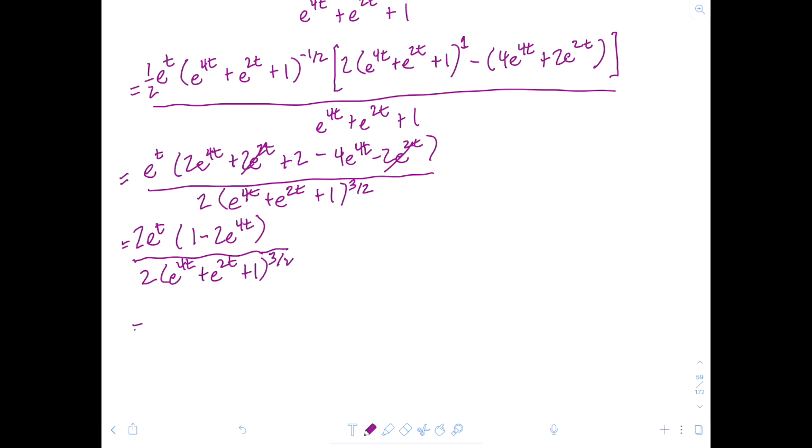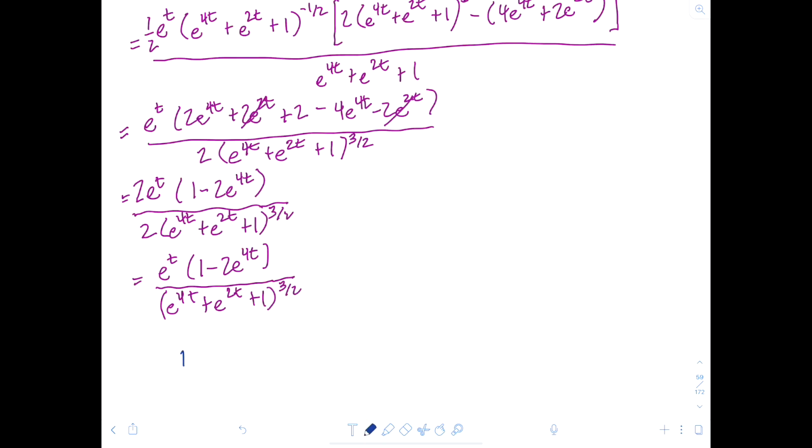And then at the end of the day, we will get e to the t times 1 minus 2e to the 4t over quantity e to the 4t plus e to the 2t plus 1 raised to the 3/2.